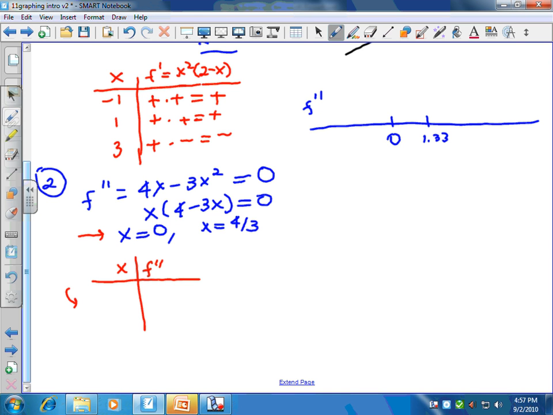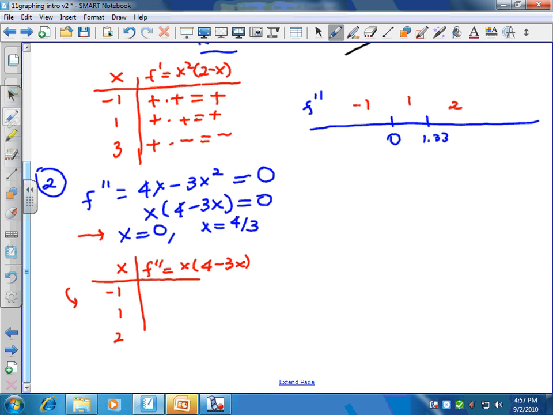No, right? Because if you put those points, we already know f double prime will be 0 at those points. What we need is test values from between them and outside of them. So for example, here I can pick a 1, I can pick a 2 here, and -1 over here, and put them on this chart, and plug them into this function.